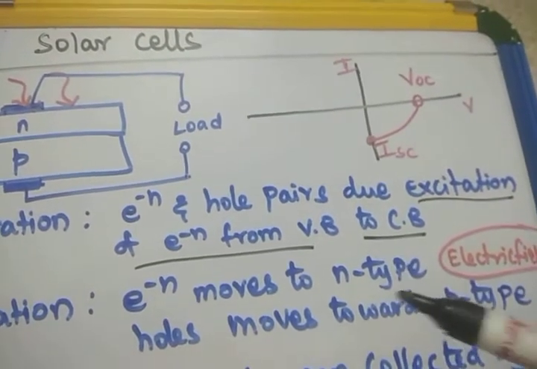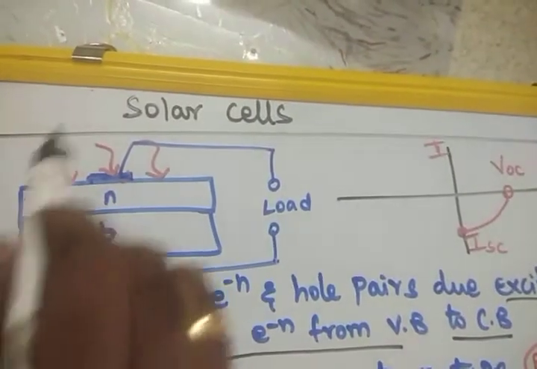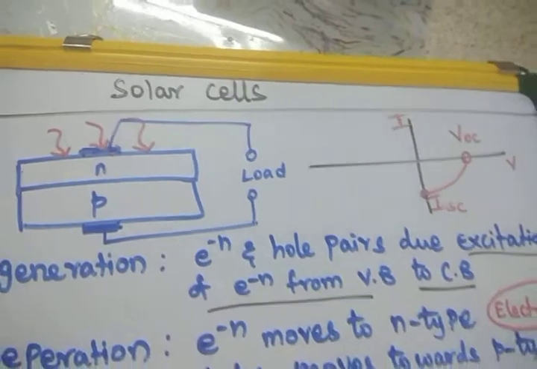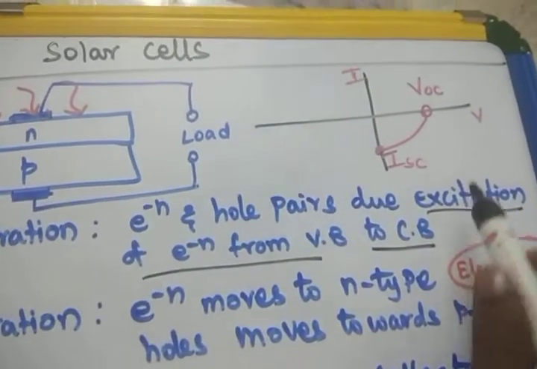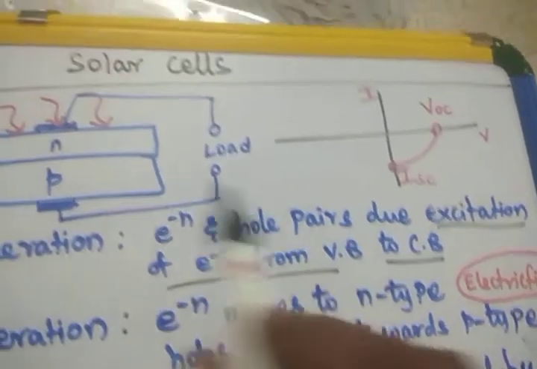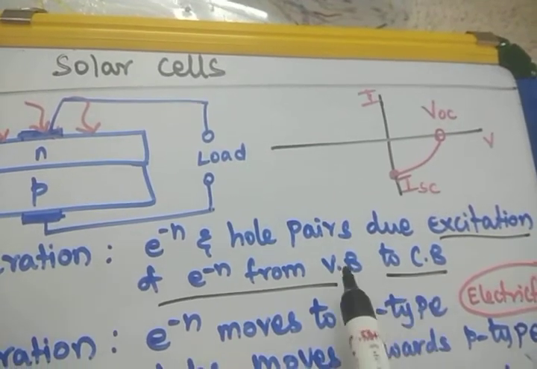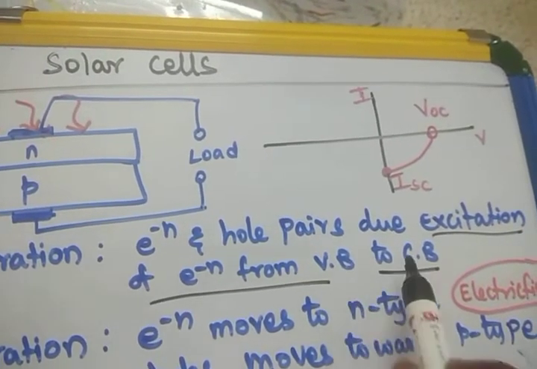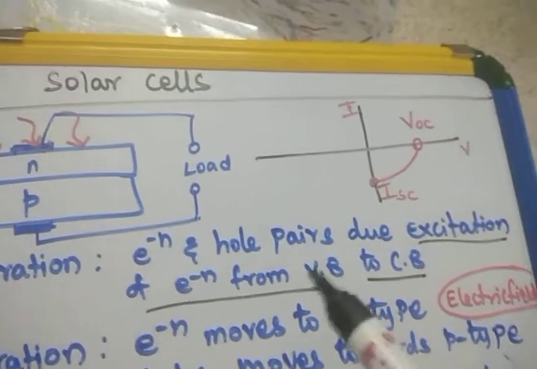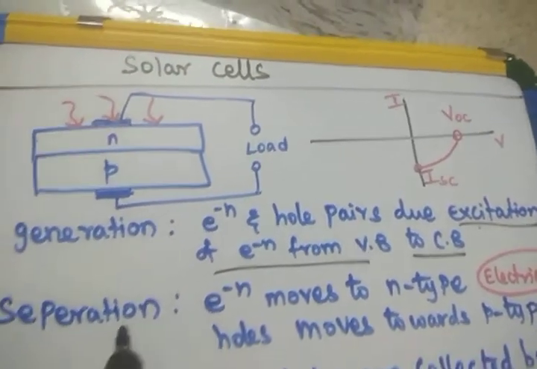The electrons jump when the light energy is equal to or greater than the energy band gap between the valence band and conduction band. Then excitation takes place and electron-hole pairs are created.